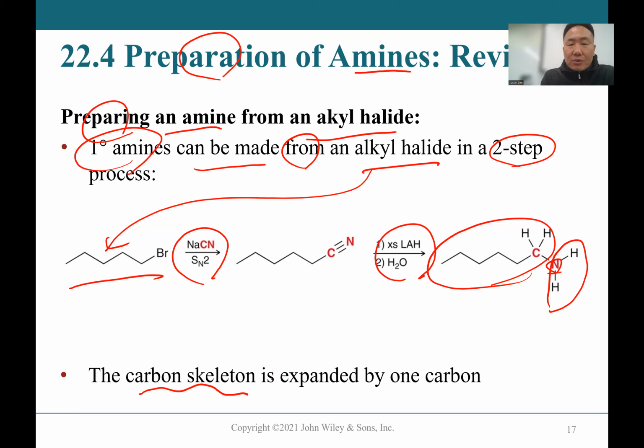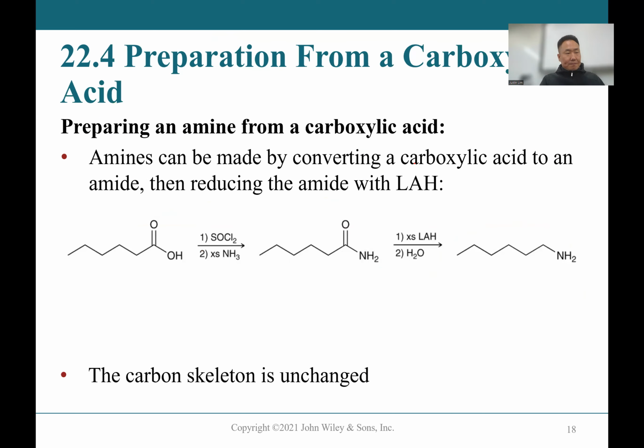The carbon skeleton is expanded by 1 carbon. So there are 1, 2, 3, 4, 5 carbons. After reaction, you can see 1, 2, 3, 4, 5, 6 carbons. So it is expanded by 1 carbon when you use an alkyl halide to generate a primary amine.